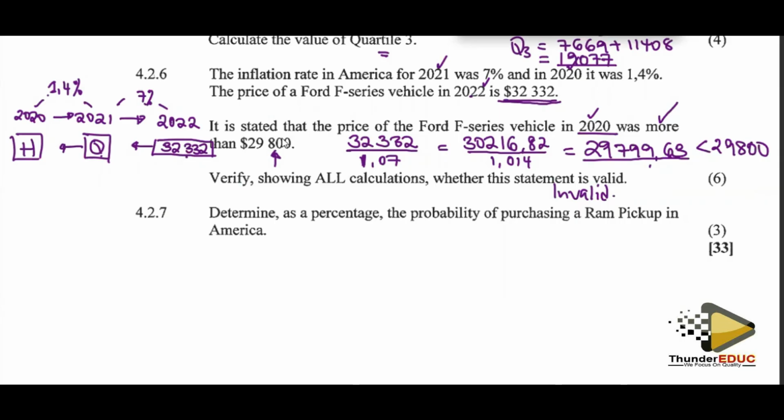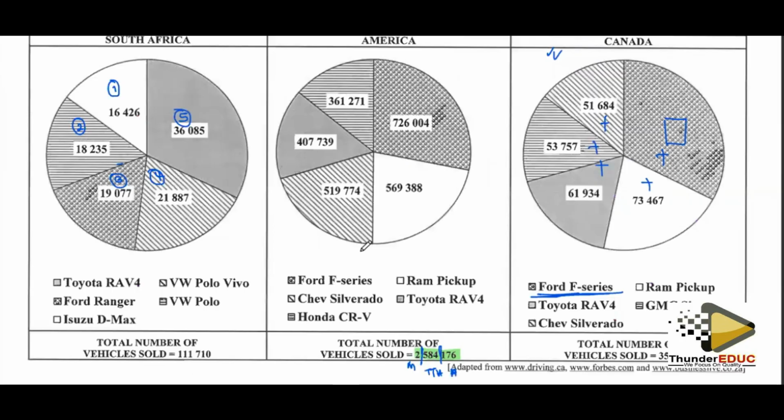Determine as a percentage the probability of purchasing a RAM backup in America. We shall go to the next year here. We go to America. This is it. RAM. How many numbers do we have for RAM? This is it, over the total number of cars.